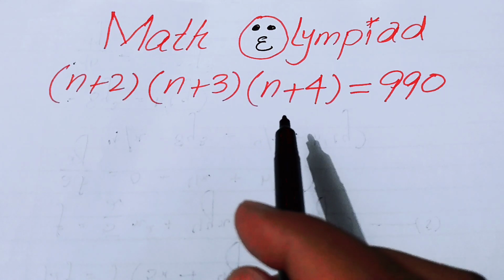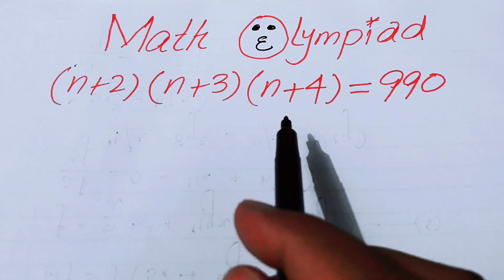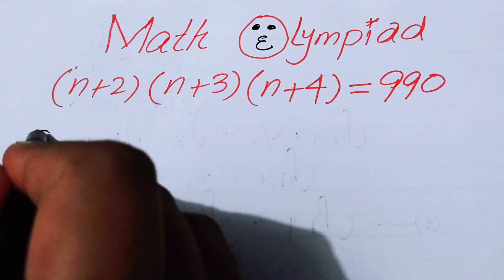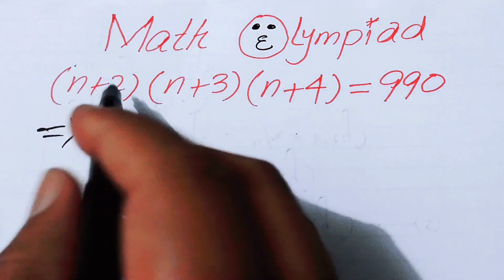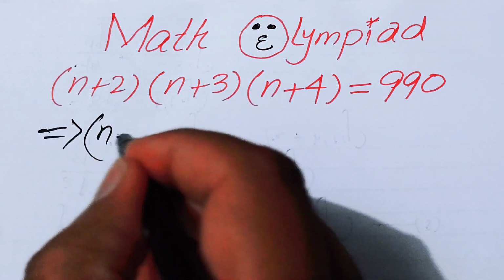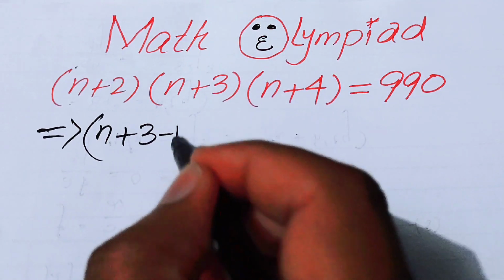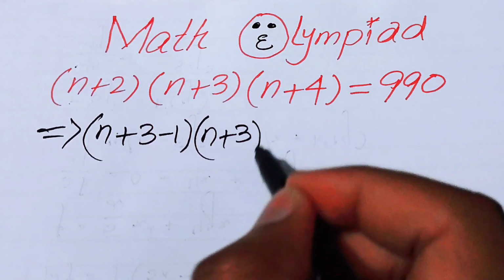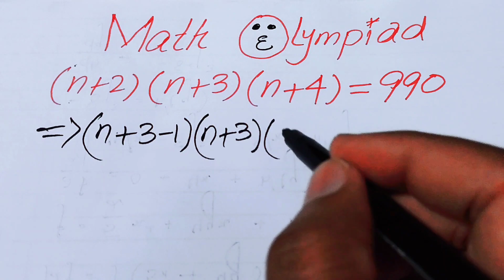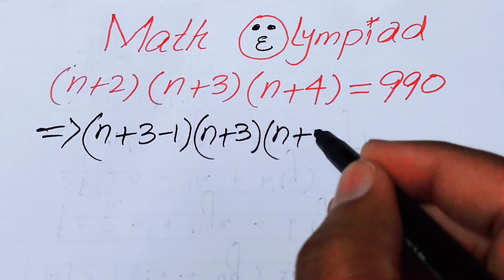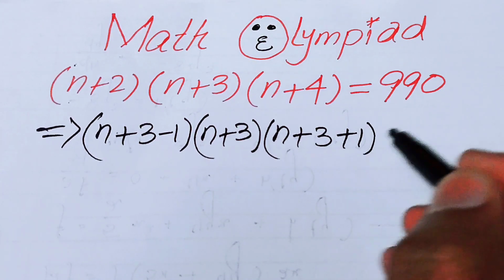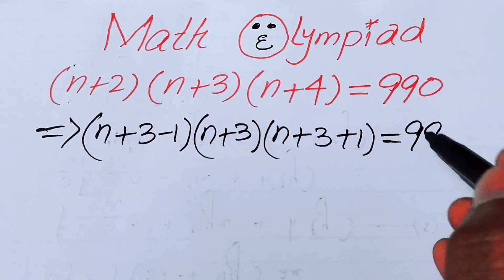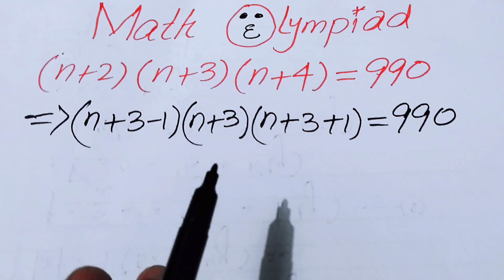So the very first thing we are going to do is rewrite this equation as (n + 3 - 1)(n + 3)(n + 3 + 1) = 990.